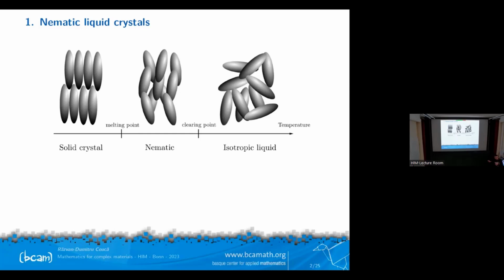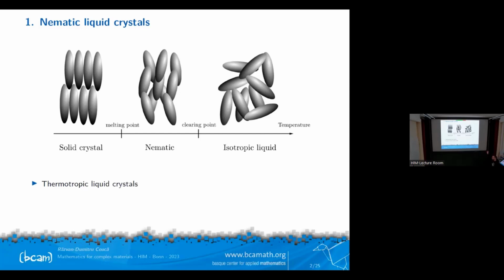They do not necessarily form layers as smectics do, as you have seen in the presentation of Giacomo on Monday. So we're only going to talk about nematic liquid crystals here. Today I'm also going to focus only on thermotropic liquid crystals, the materials that can enter this state of matter by varying the temperature. There are also lyotropic ones, in which you can change the concentration of particles and so on, but today, only thermotropic liquid crystals.